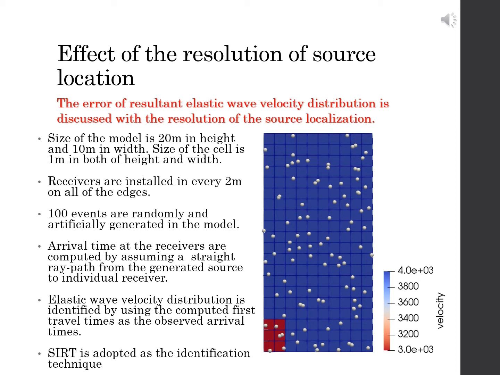The arrival times at the receivers are computed by assuming a straight path from the generated source to individual receivers. The elastic velocity distribution is identified by using the computed first travel time as the observed arrival time. And as an identification technique, SIRT, which is conventionally used, is adopted as well in this calculation.